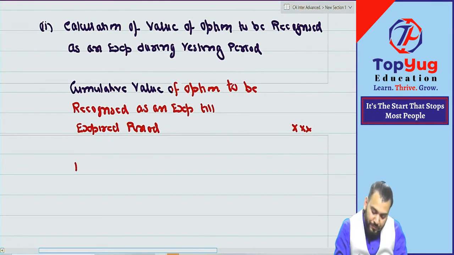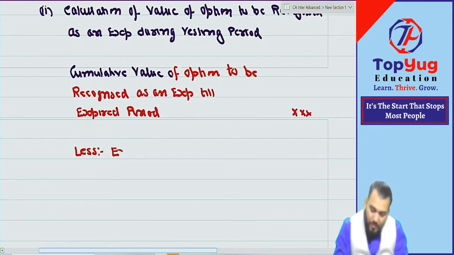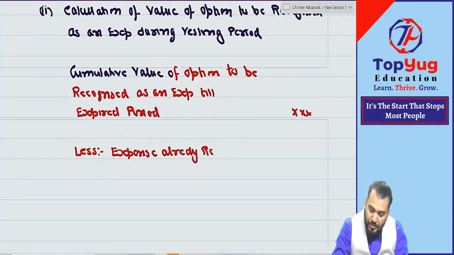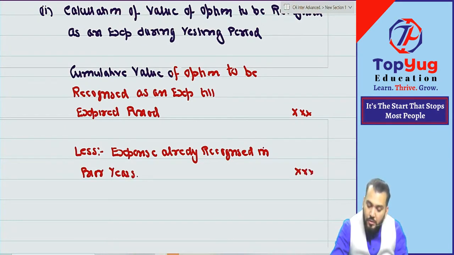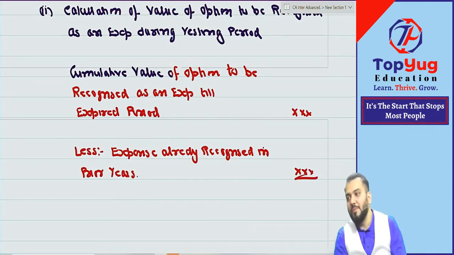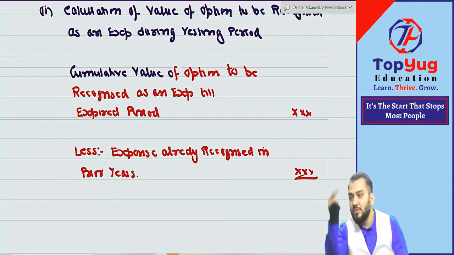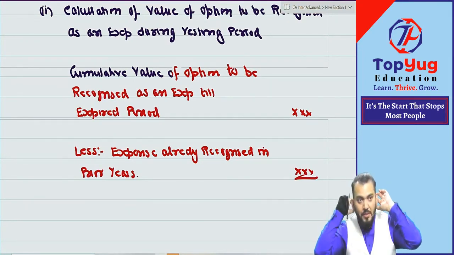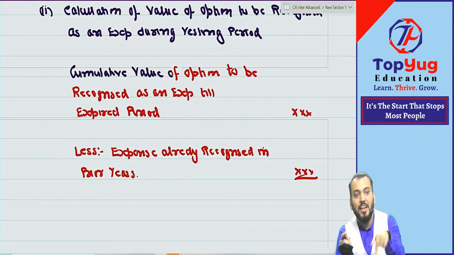From this we'll deduct what? Less: expense already recognized in prior years. If you remember the last example we did in 4 columns, the third column was cumulative and the fourth column was the expense of that year.